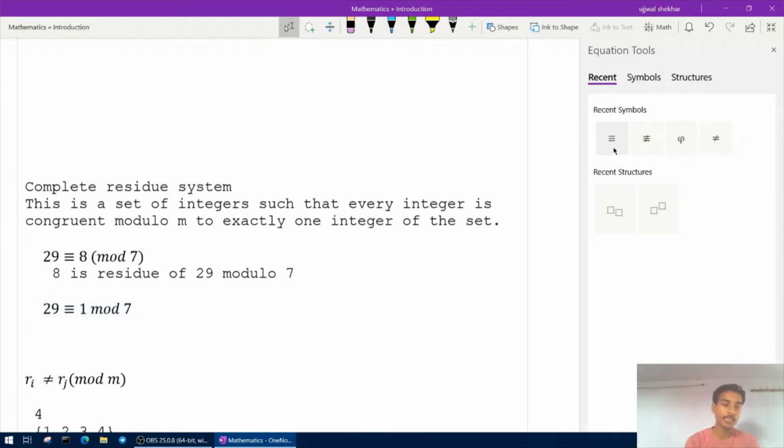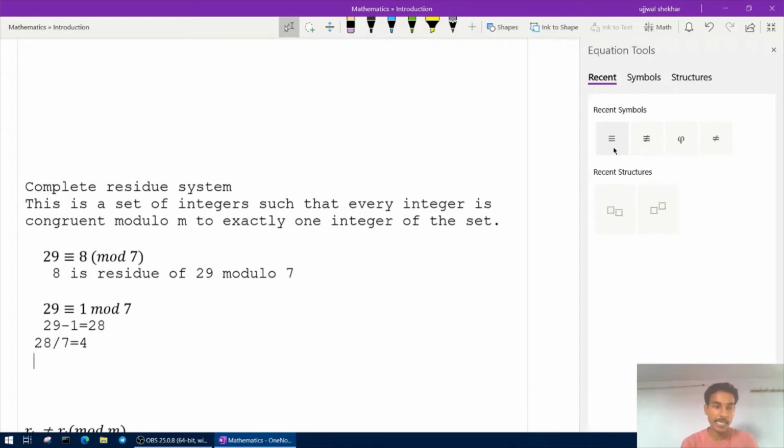Here we can check whether it is the correct expression or not by simple arithmetic. So 29 minus 1 equals 28, and 28 divided by 7 gives me 4. So this is a whole number.